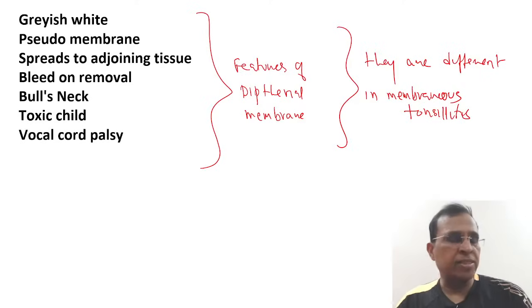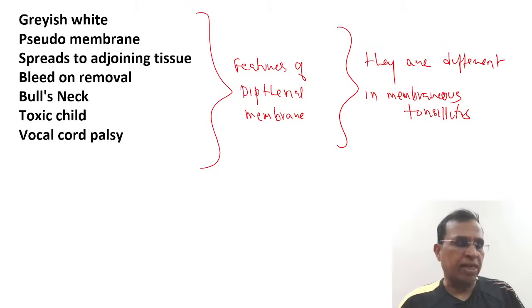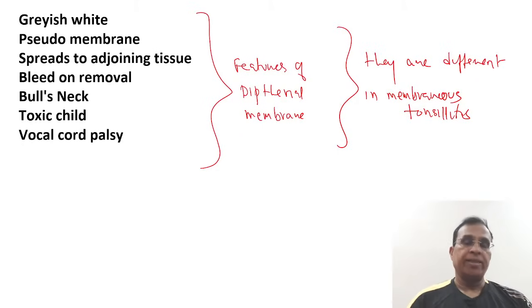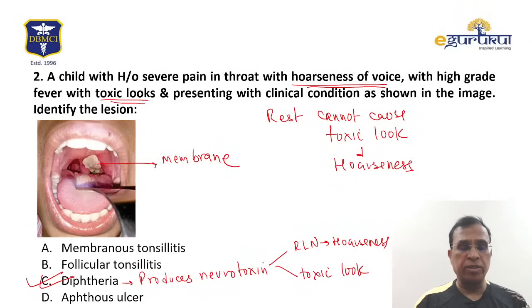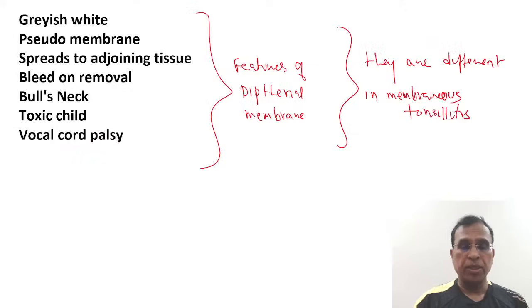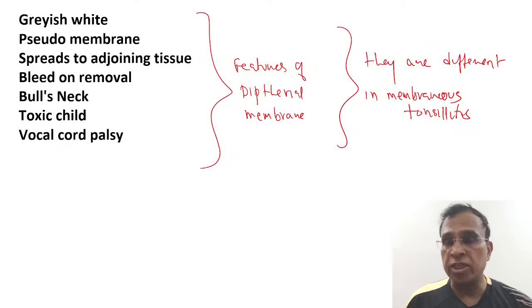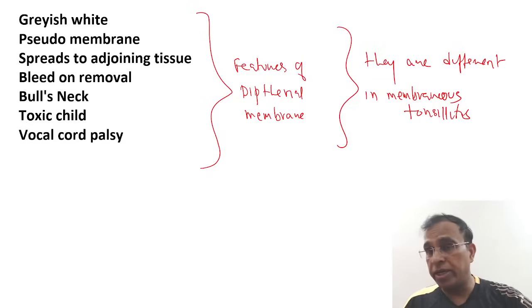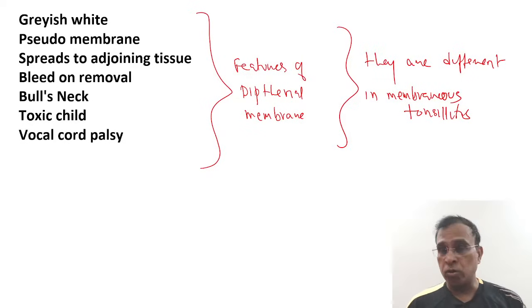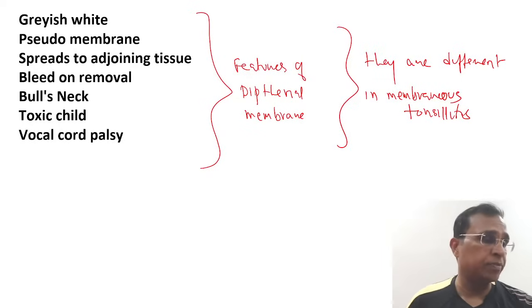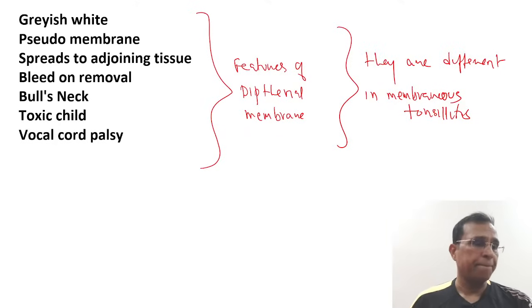Membranous tonsillitis is whitish, not gray, it is a true membrane, it will not spread. This is spreading, look at the image, it is spreading out of the tonsil into the soft palate and the uvula. Membranous tonsillitis cannot spread out, it will not bleed on removal, it causes no bull neck, no hoarseness, no toxicity. Right? Yes.